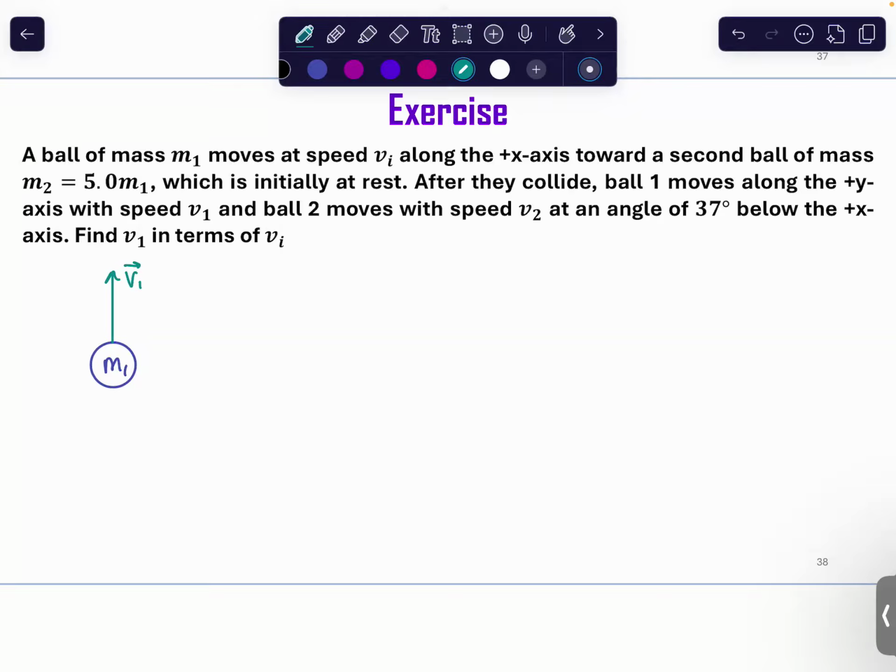Mass 2 is going to be moving off in this direction.